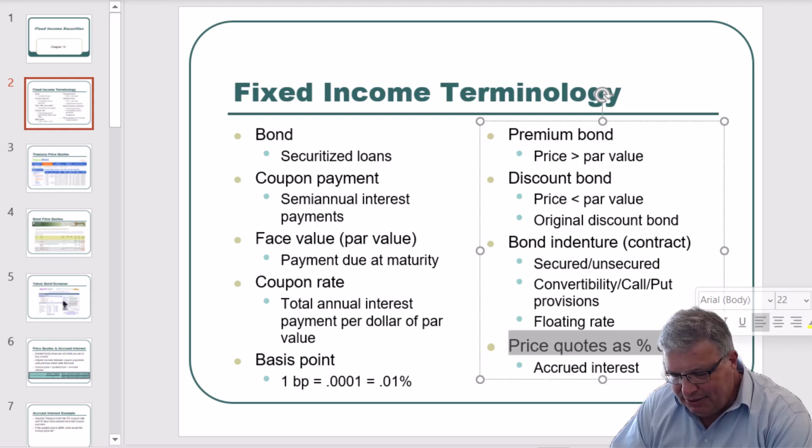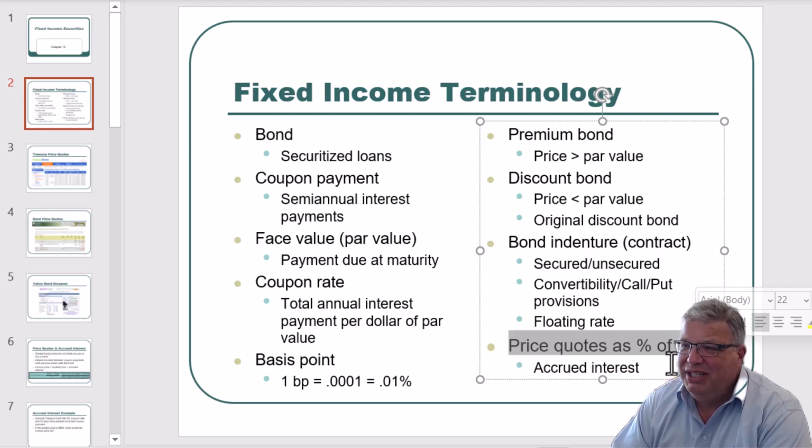I don't have a good answer for why this is, but just realize that bond markets are a lot older than stock markets. So it goes back to history, and maybe it's just easier, instead of quoting a price of $1,160, they will just say 116%, 116. So you can say the number faster.